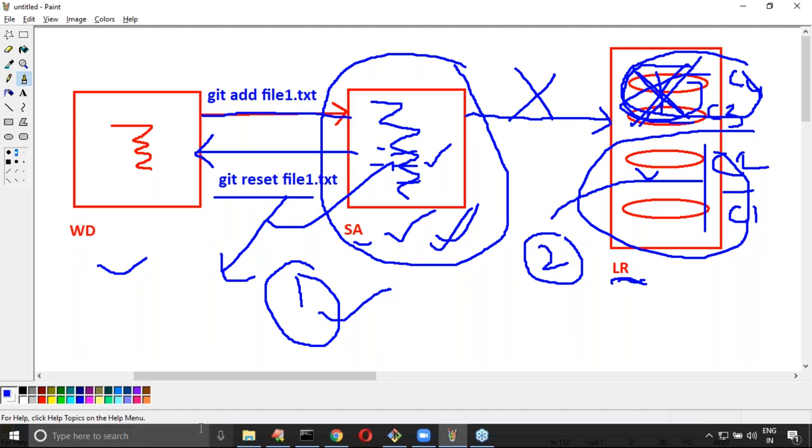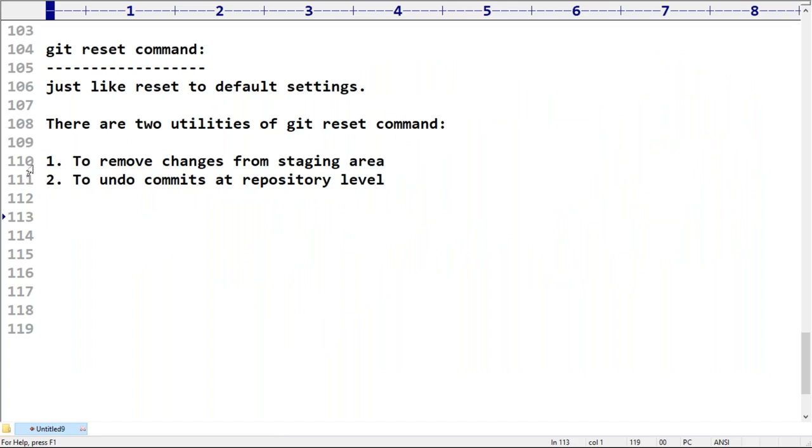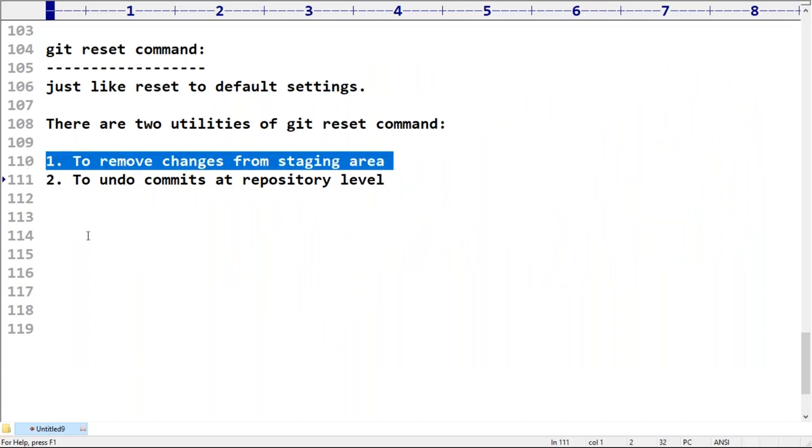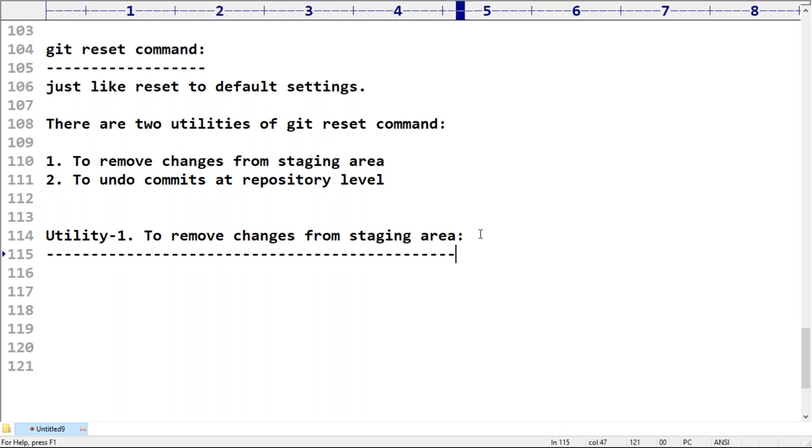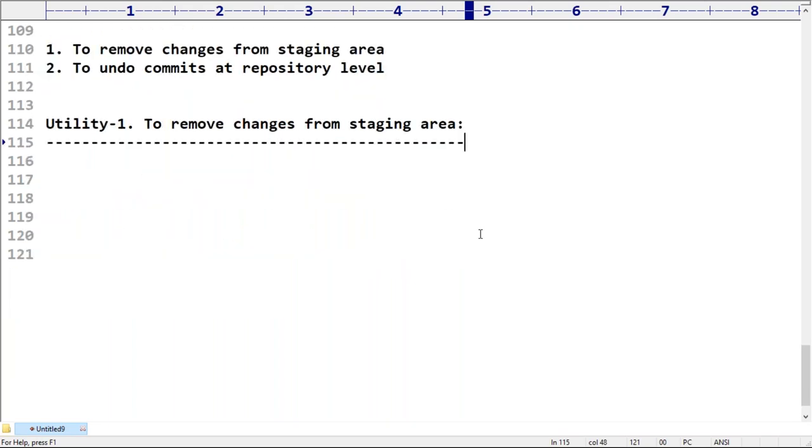All these doubts will be clarified once we start the discussion of this concept. Don't worry, sir. Now just observe utility 1. Let me talk about utility 1, to remove the changes from the staging area. Whatever changes are added to the staging area, if you don't want to commit them, then we need to use the git reset command.